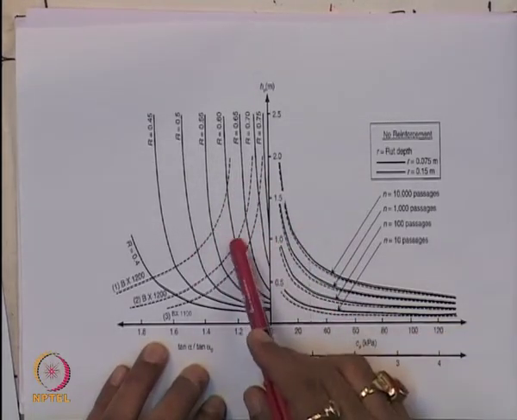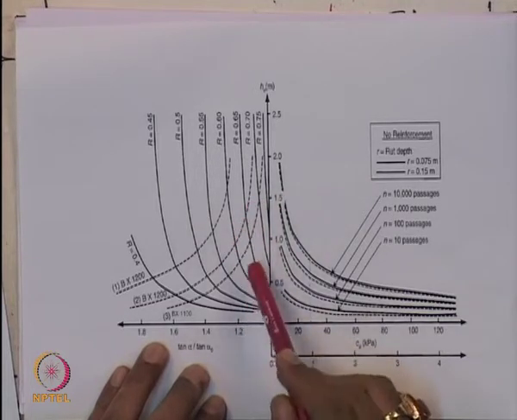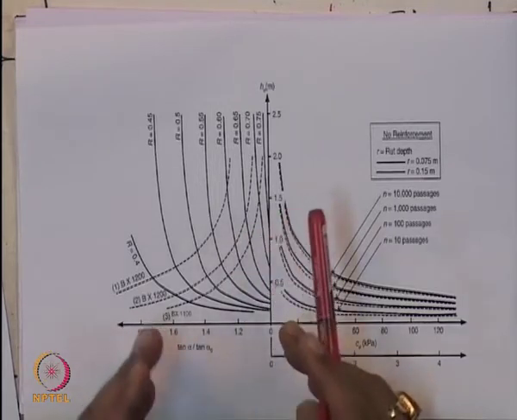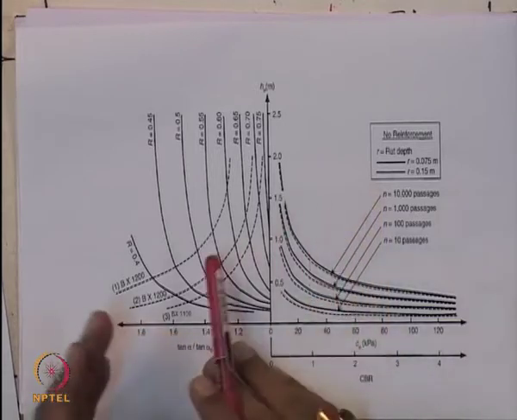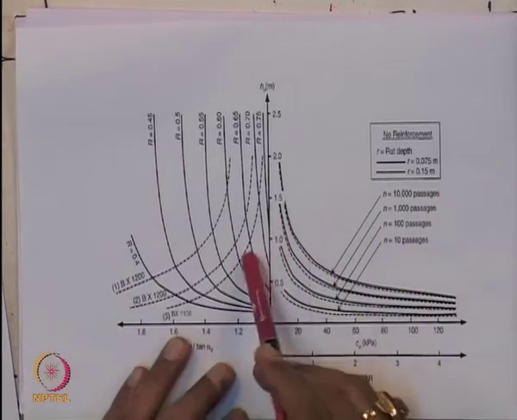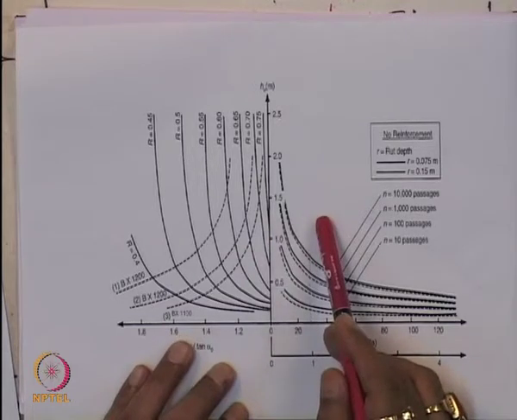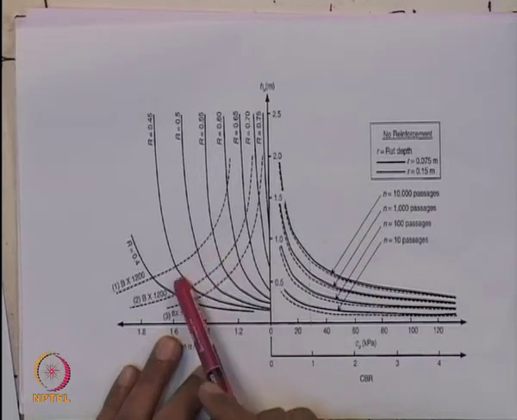This kind of design chart is recommended for use, and it also defines the required thickness of the stone base, which you can compare with the cost of the installed geogrid material.